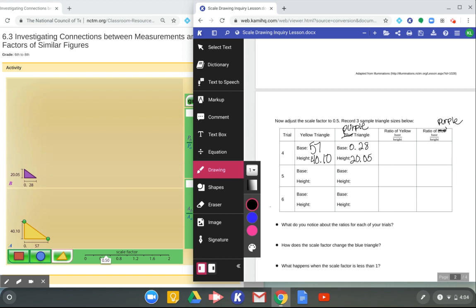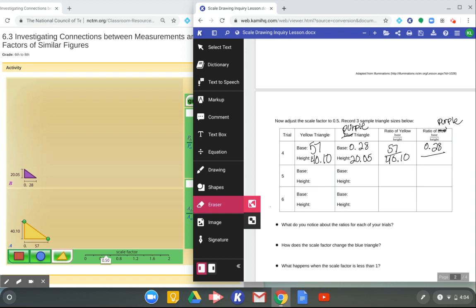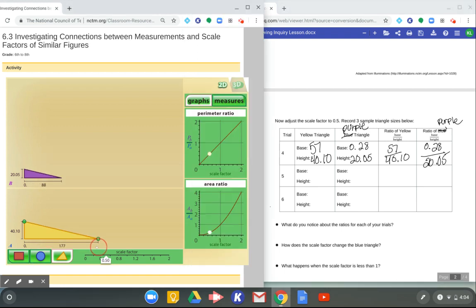So again, the ratio of yellow, base over height, 57 over 40.10. And ratio of purple, 0.28 over, the height of the purple is 20.05.